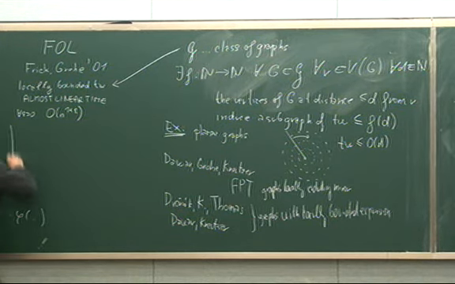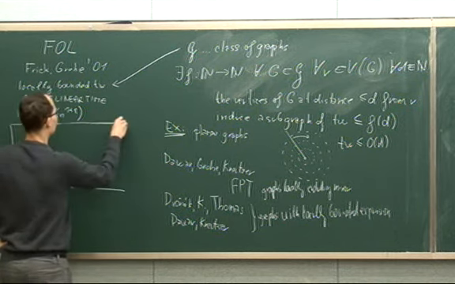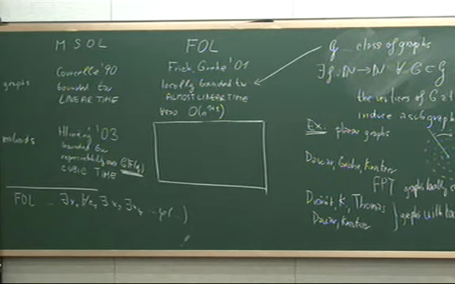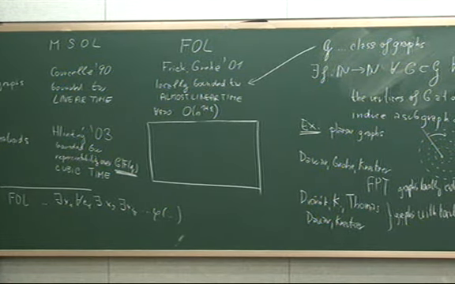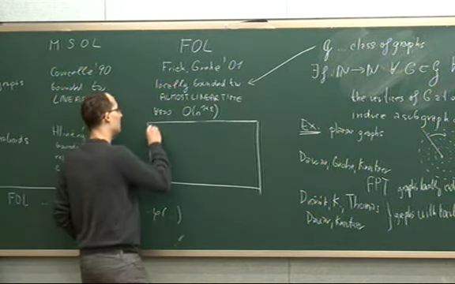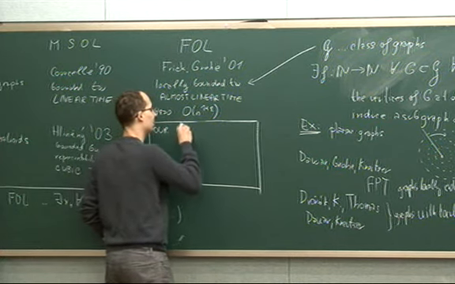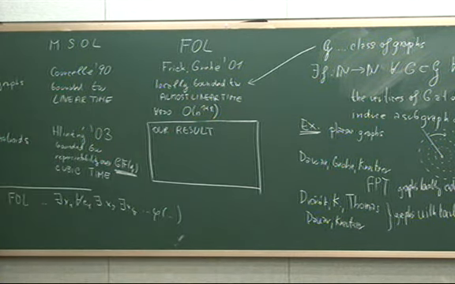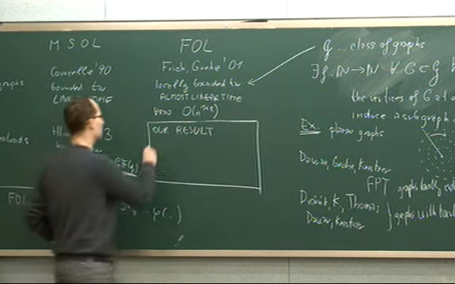So what was our work? We started at filling this part of the table, and what we can prove here, our result: instead of bounded branch-width, we have locally bounded branch-width.